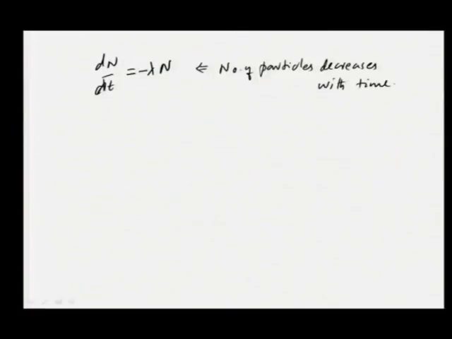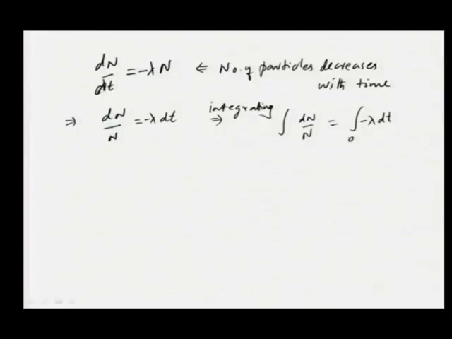Now we can try to get an expression for this. I will rewrite this by taking N to the left-hand side: dN over N equals minus lambda times dt. Integrating, say we switch on at time t equal to 0 and ask what happens after some time t.